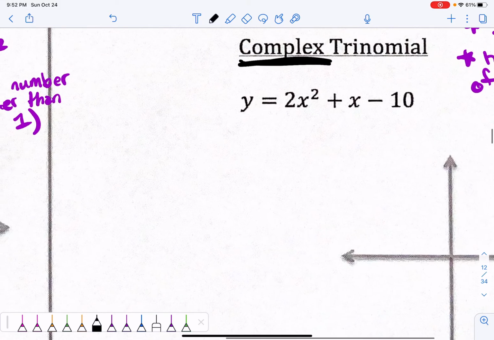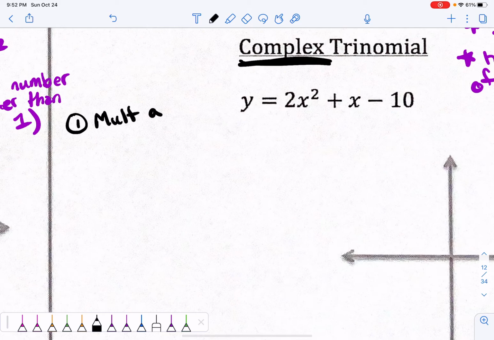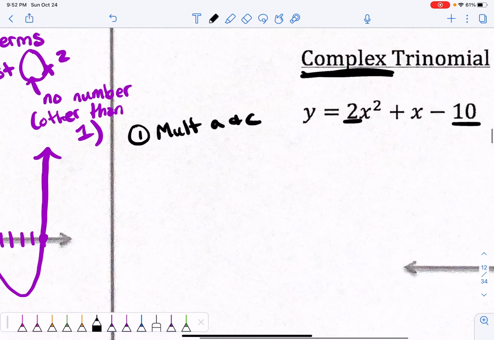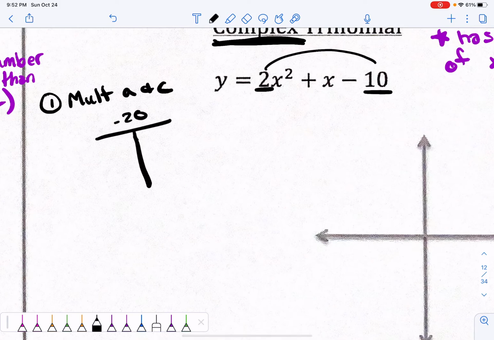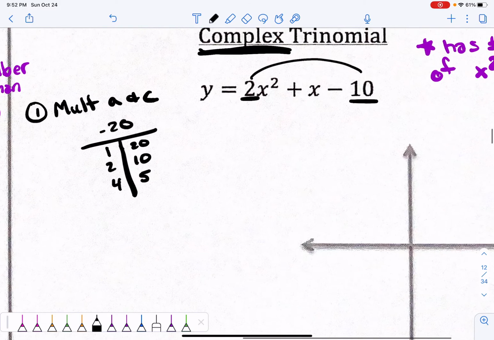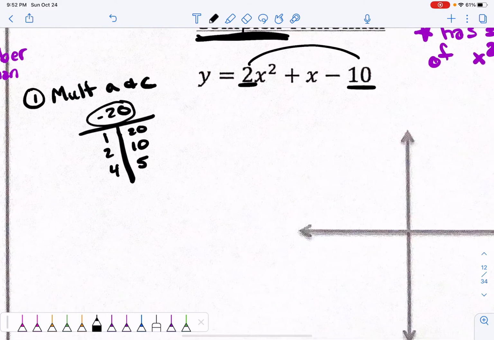All right, so here are the steps. Step number 1, multiply the a and the c, which is the 2 and the negative 10. When I do that, 2 times negative 10 is negative 20, okay? And then I look at multiples of negative 20, like 1 and 20, 2 and 10, 4 and 5, I think are the only multiples, okay? And each of those has to be negative in order to make negative 20, but we'll get to that.